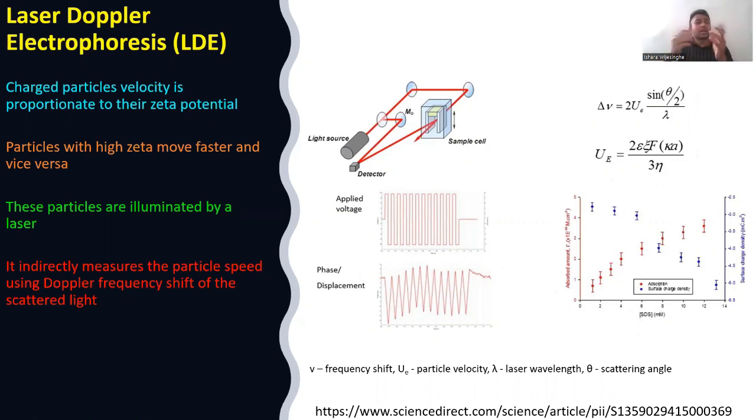It is automatically done by the instrument. Then it will give you the zeta potential value. Based on that, you can predict what has happened in the system and to what extent it is stable, or to what extent it is not stable. Like that, you can predict everything. We'll see how it is done.